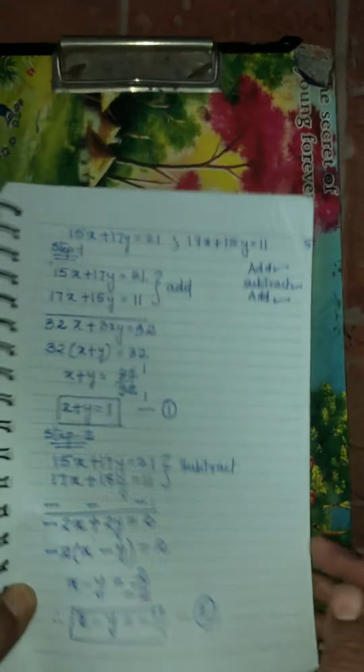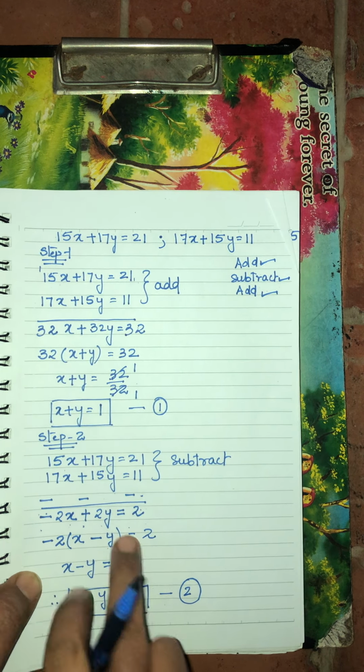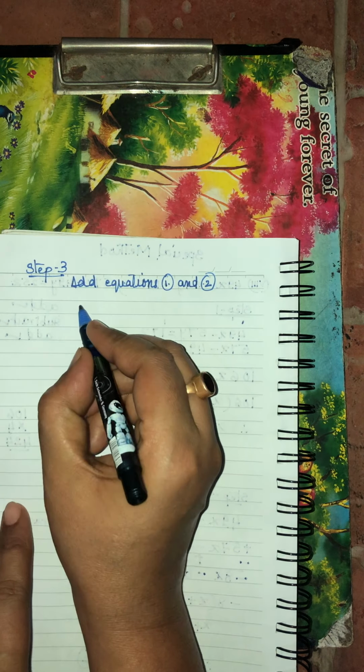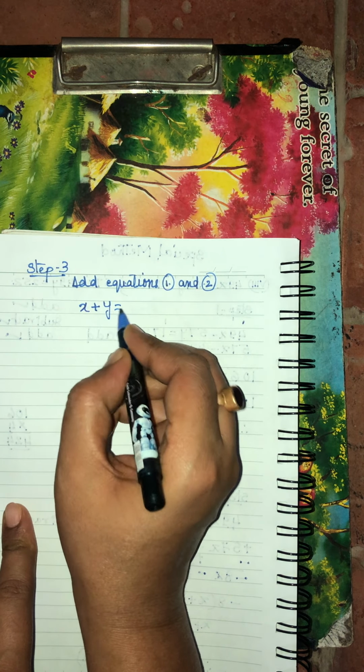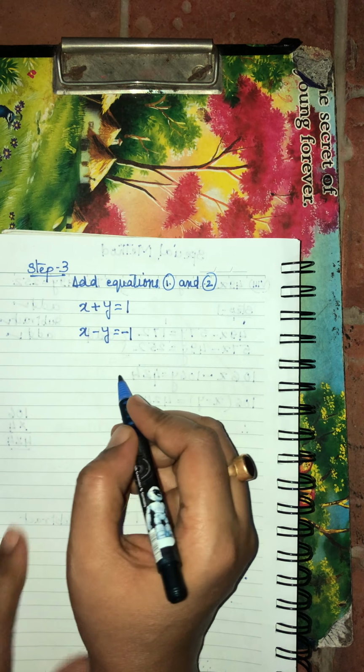So what are the equations? 1, x plus y is equal to 1, and equation 2 is x minus y is equal to minus 1. So write one under the other. X plus y is equal to 1, x minus y is equal to minus 1.